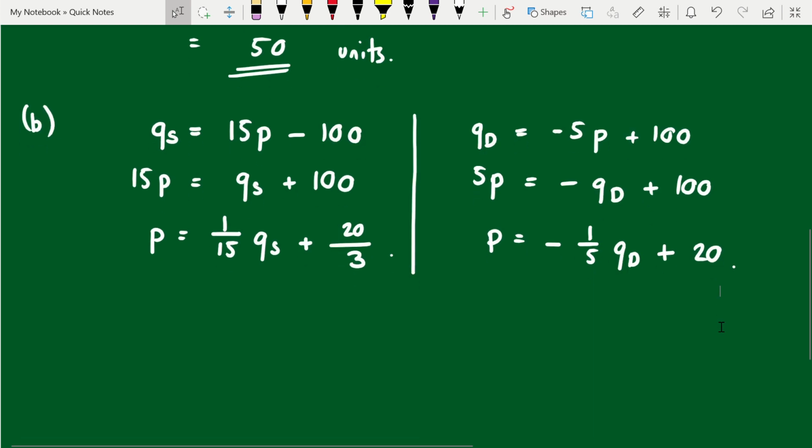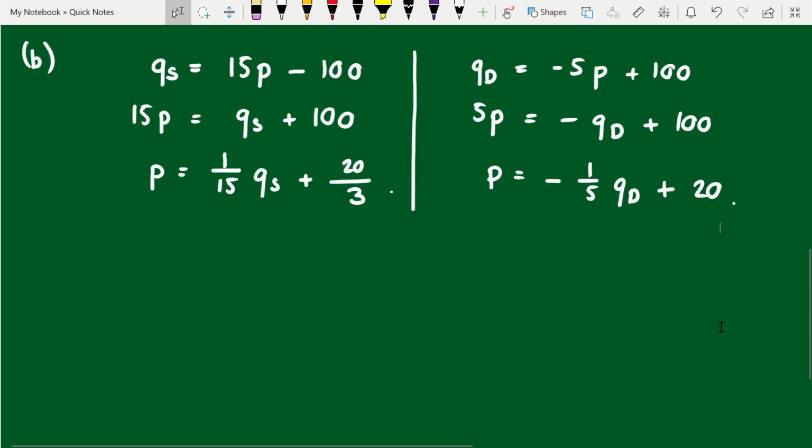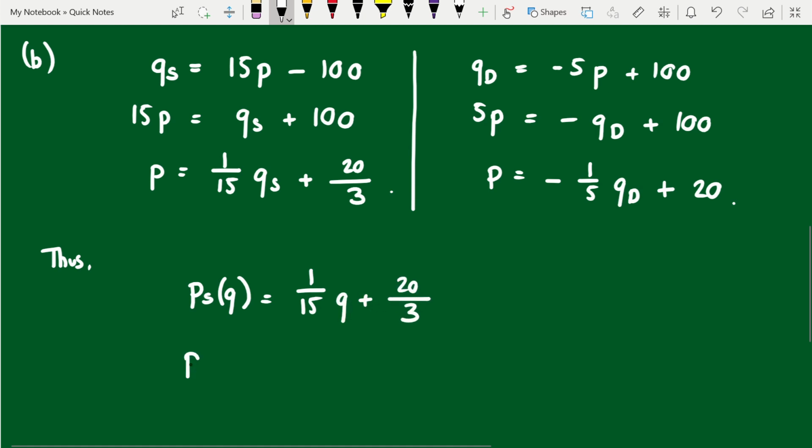In order to write down the corresponding inverse supply and demand functions, I would use the following notation. Thus, PS of Q is equal to 1/15 Q plus 20 upon 3, and PD of Q is equal to minus 1/5 Q plus 20.